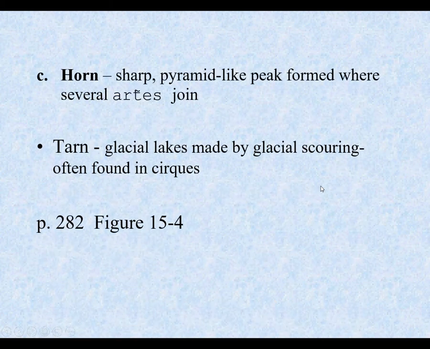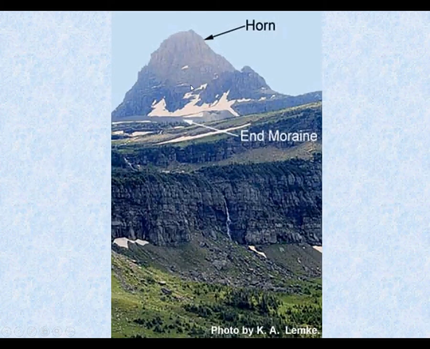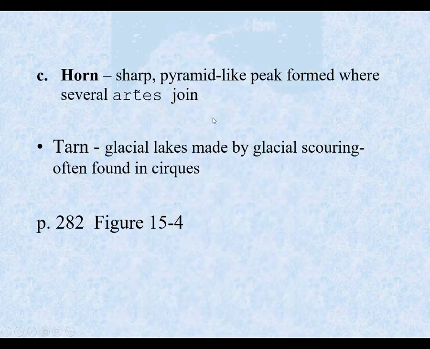A horn. Horns are when you have multiple glaciers coming through from different angles, and it cuts off the mountain in a pyramid type shape. So I'll come back to the tarn here in a minute, but this is a horn, right? So a glacier came through on one side, a glacier came through on another side, a glacier came through on a third side, and you have this pyramidal shape. A tarn is a glacial lake.